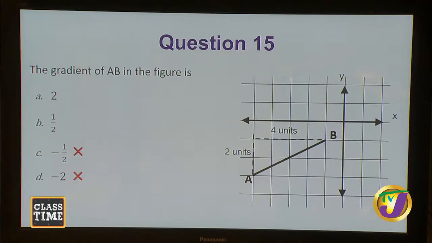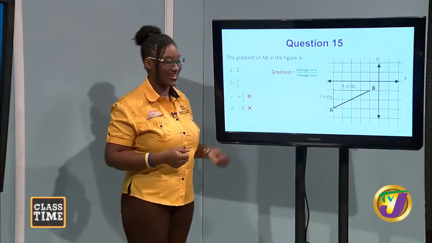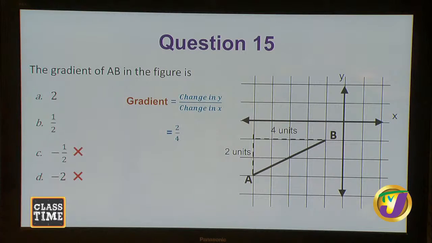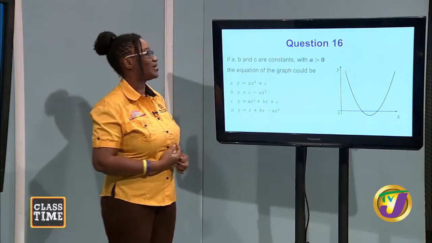So it's my vertical movement divided by my horizontal movement. You might hear change in y divided by change in x. So let's fill in the values that we obtained here. And that can be simplified to 1/2. Great. Awesome.